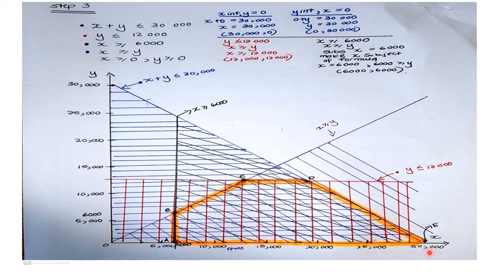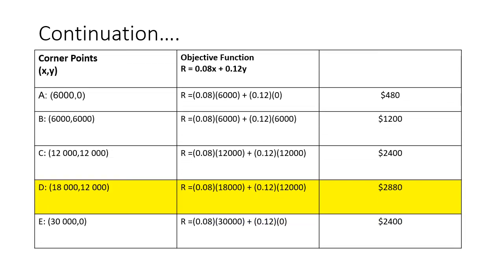And point E would be 30,000 and 0. So I've created this table: point A, 6,000 and 0; point B, 6,000 and 6,000; point C, 12,000 and 12,000; point D, 18,000 and 12,000; and point E, 30,000 and 0.